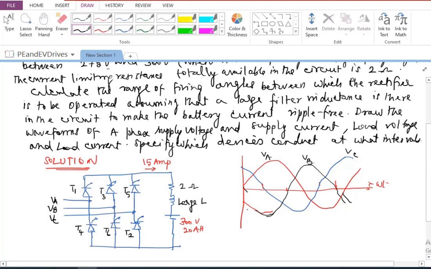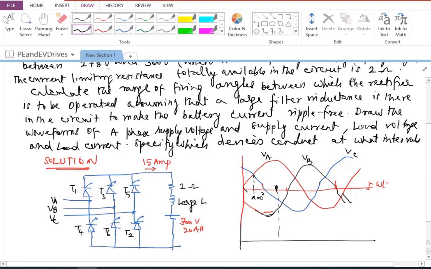Now, what we are looking at is, we don't know the firing angle. This is the point where alpha is 0 degrees. And we are going to probably fire it at some point somewhere. We don't know. So let me assume maybe the firing is somewhere here. So we are going to have the waveforms in such a way.